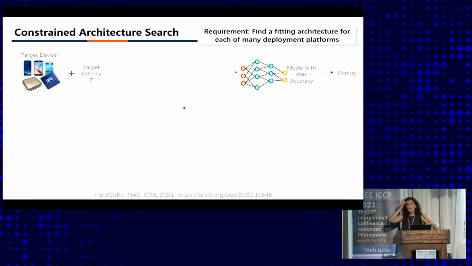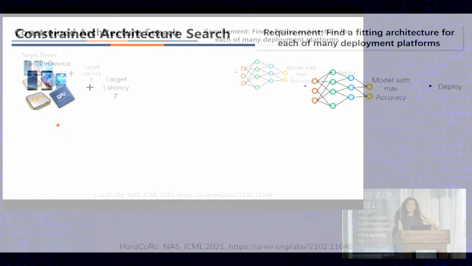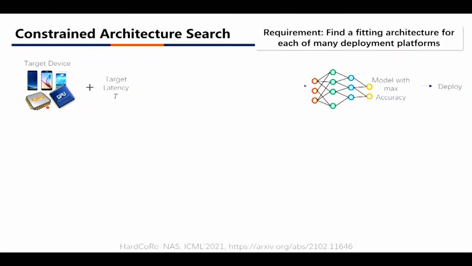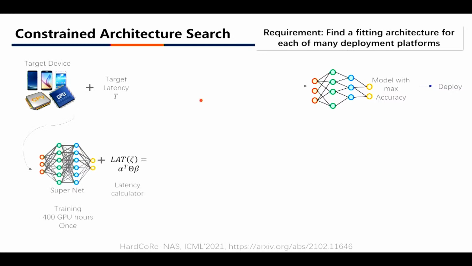So today, at the poster session, Niv and Jonathan, who are here in the audience, presented the work, and I'll just summarize it very quickly in one slide, where you're given a target device and a target latency, and you need to output an architecture that complies with both strictly. So you want to maximize the accuracy and strictly comply with the target latency. And the way they do it is in 3 stages. The first stage, they train a super network.